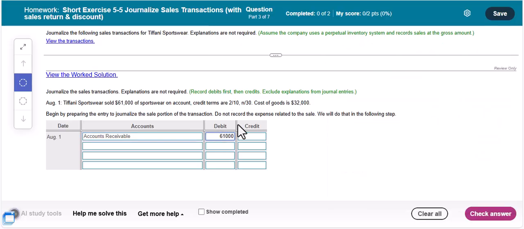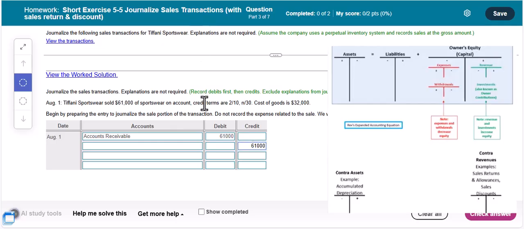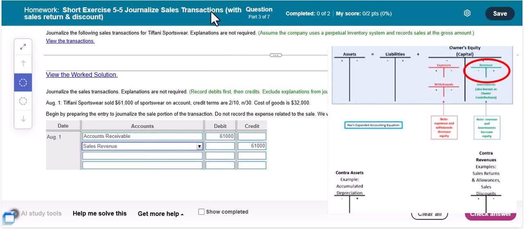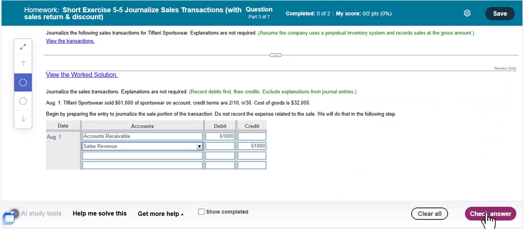Then we're going to need a credit for $61,000. And do we have a sale? Yes, we do. So that means sales revenue is going to be our credit account, since a credit increases sales revenue, which will make it go up. Let's go ahead and check our answer. Excellent.